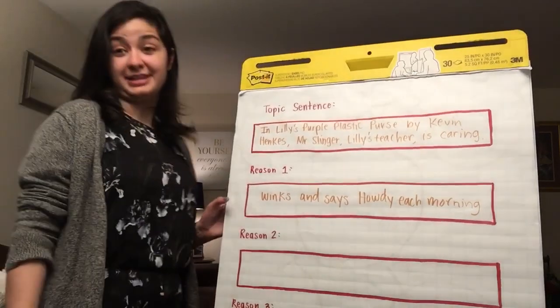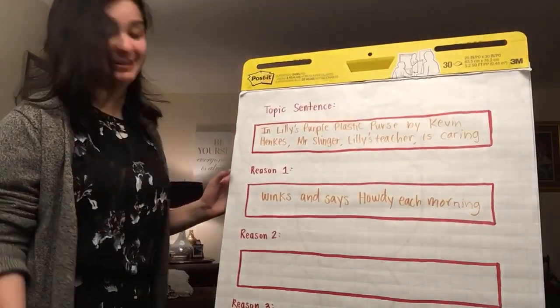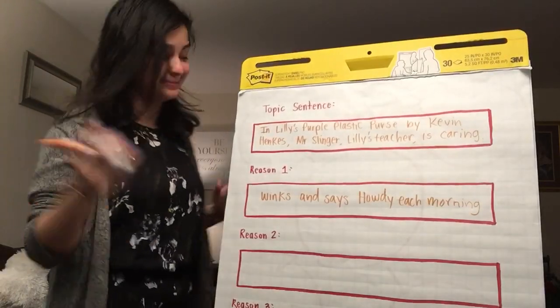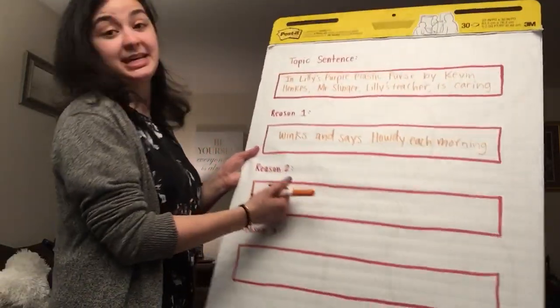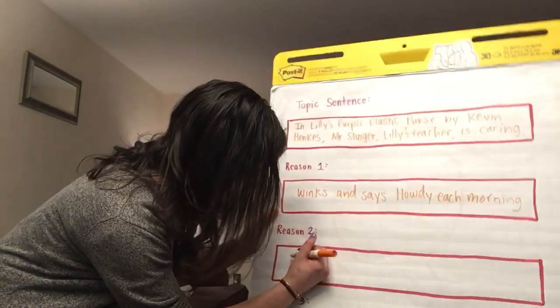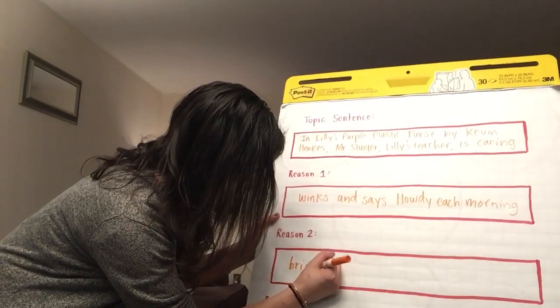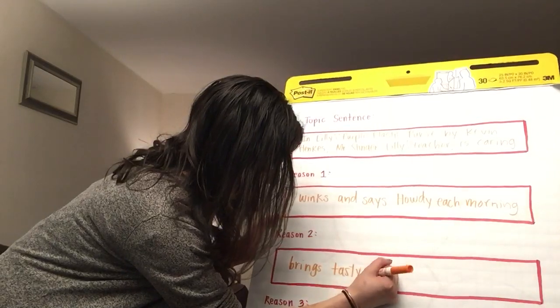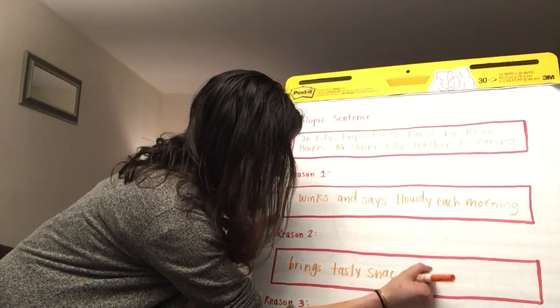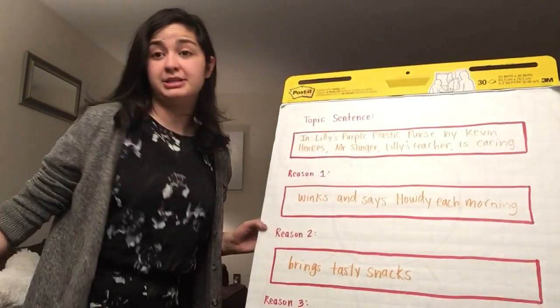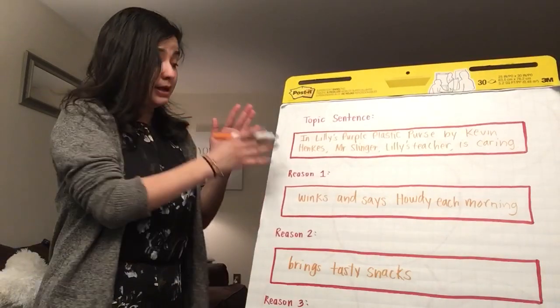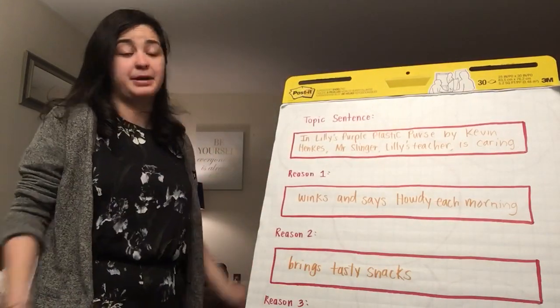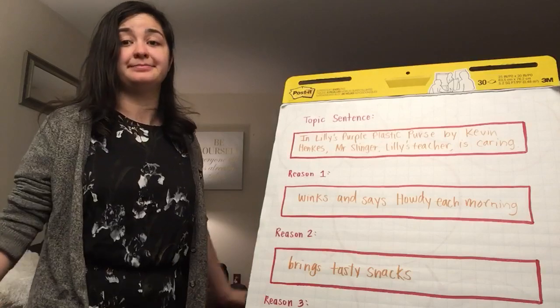Now, the second reason I heard that was pretty great, not actually heard, but could imagine, is that he brings tasty snacks. Notice that I'm making it short and sweet about what proves he's caring, but I'm not writing the whole sentence.